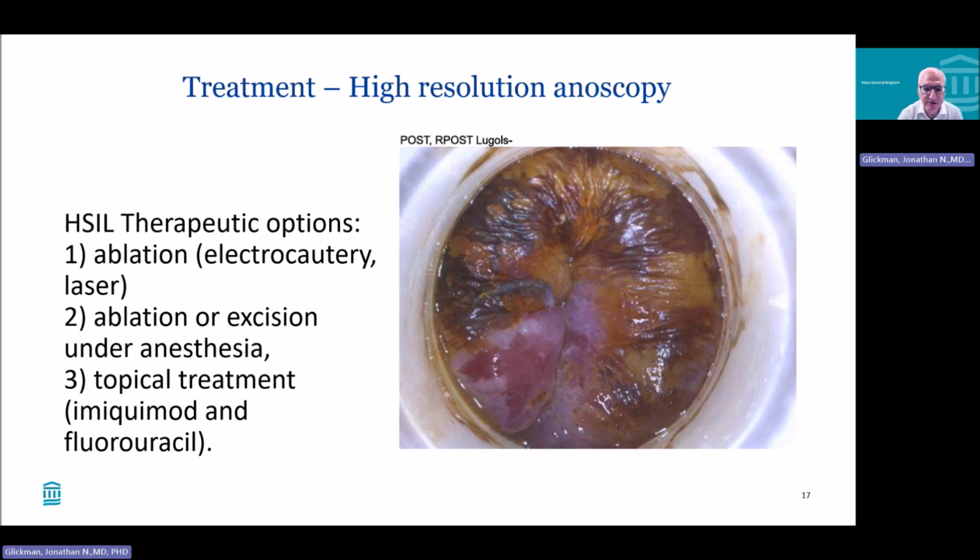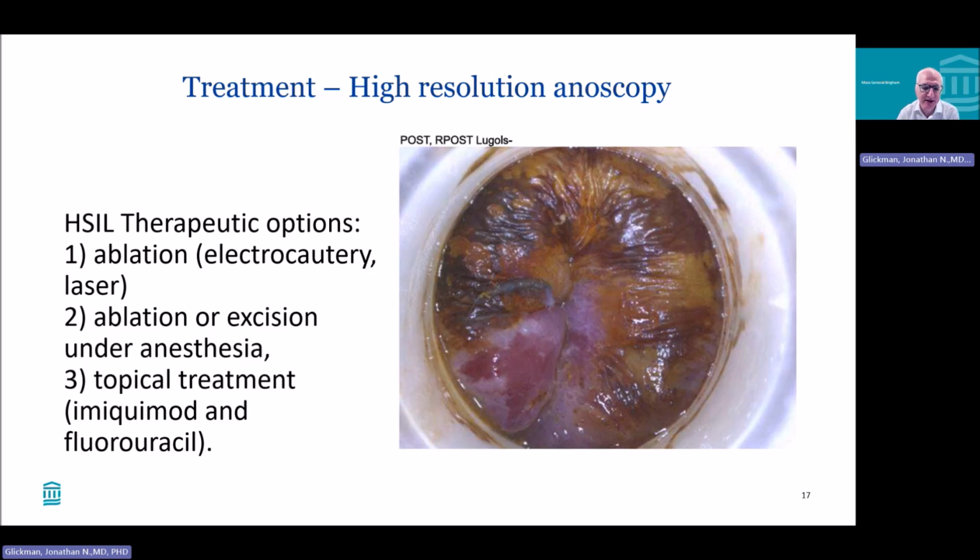And this is a very helpful technique because it does allow a direct examination of the anal canal, and we see here a view of one of these anoscopies where Lugol's iodine has been applied, and so the Lugol negative regions, which do not stain with this dye, are more likely to contain squamous intraepithelial lesions.